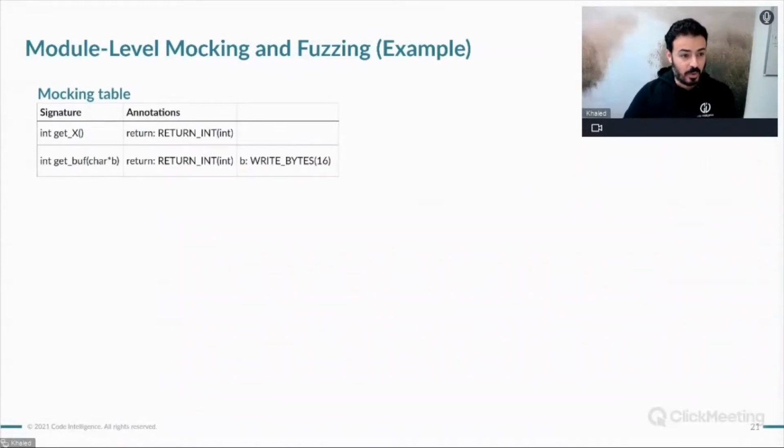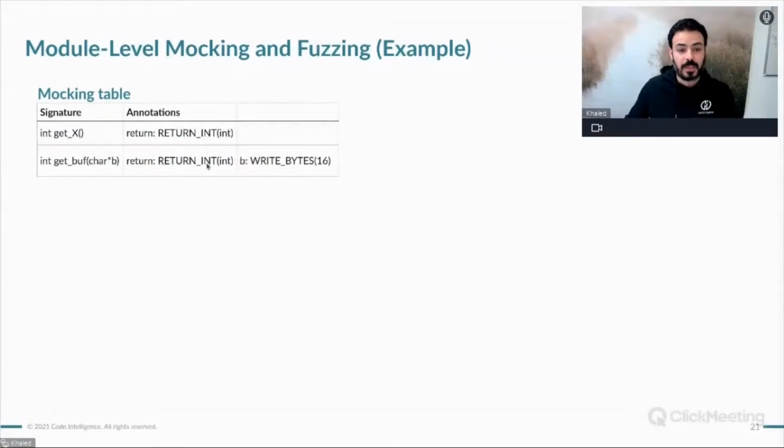Let's have a look at this in more detail. Now we need one table for documenting the mocking, that is, the functions that need to be mocked. Here assume that we have two functions, get x and get buffer. With these annotations, we say that the return value of this function is an integer of type int, because we have integers of different sizes.